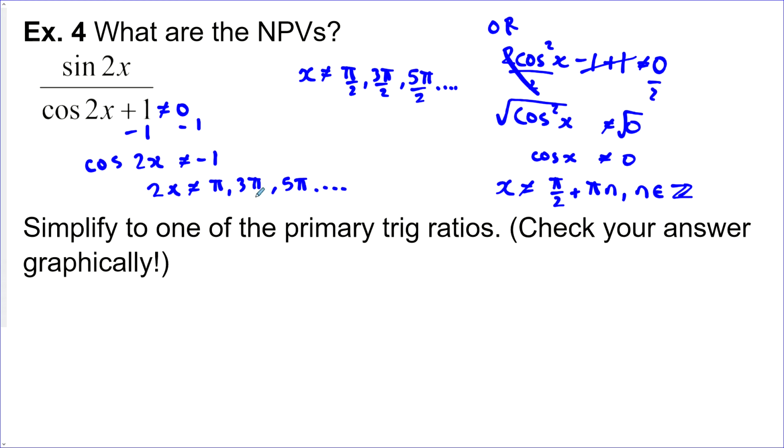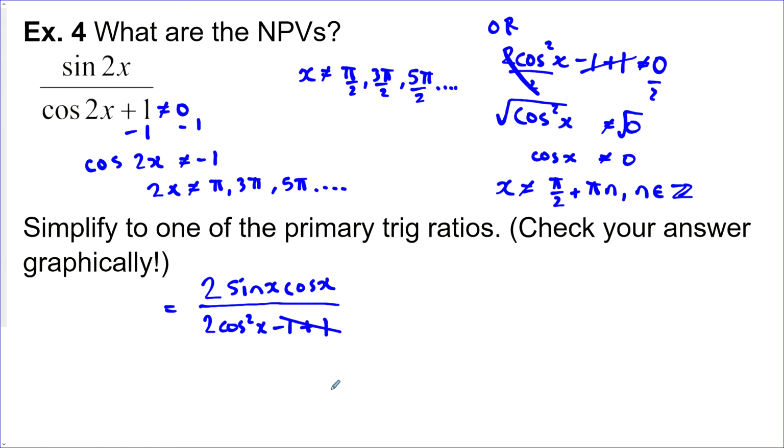Either way will work. Now let's simplify this down. Sine's double angle identity is 2 sine x cos x. And we'll use the same thing that we did here to simplify the denominator. So the denominator was 2 cos squared x minus 1 plus 1.